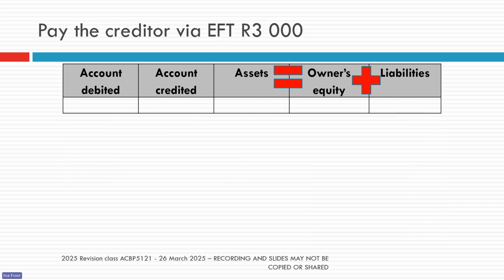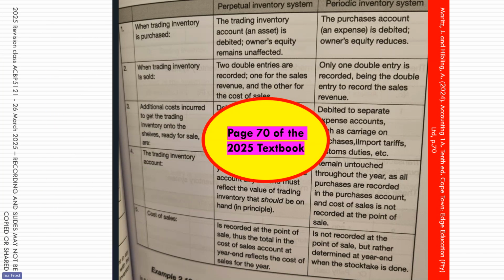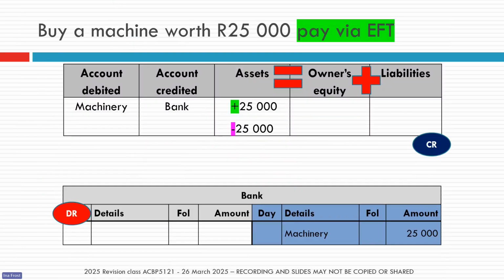As we've said a few times now, you can go to page 70 in your textbook for the detailed summary of the two inventory systems. And when we get to Learning Unit 6, when I see you next in our preparation for Test 2, we'll also talk about these inventory systems in a lot more detail.